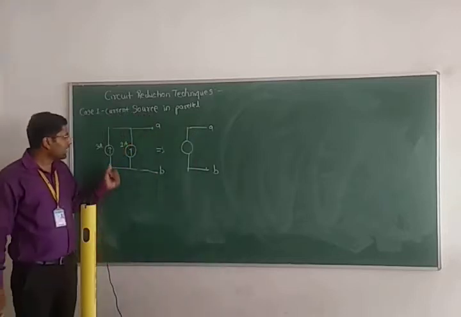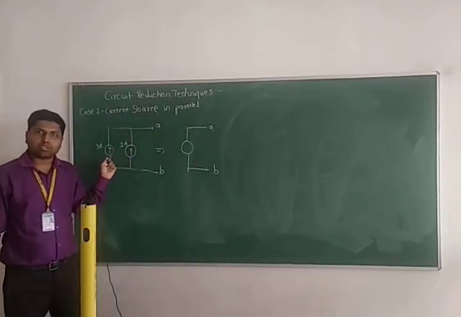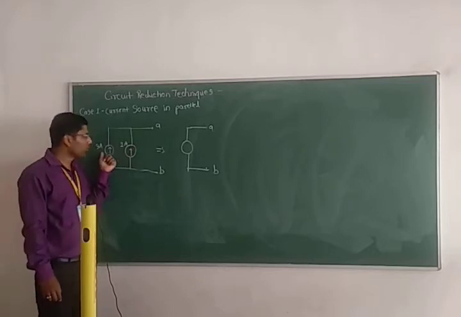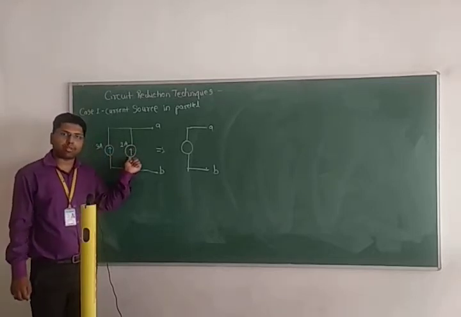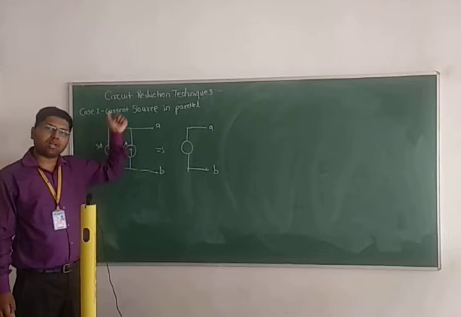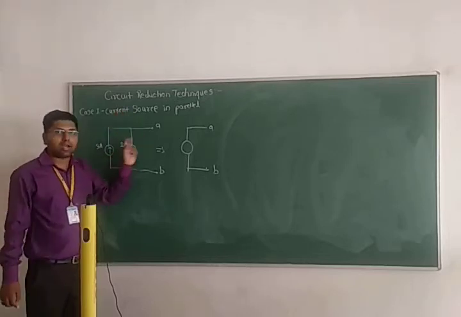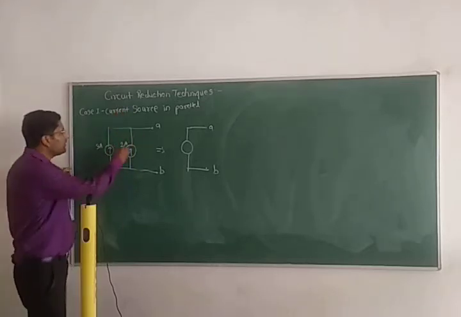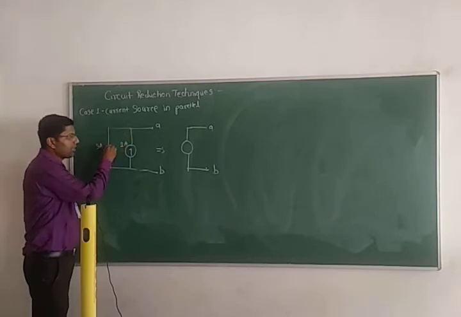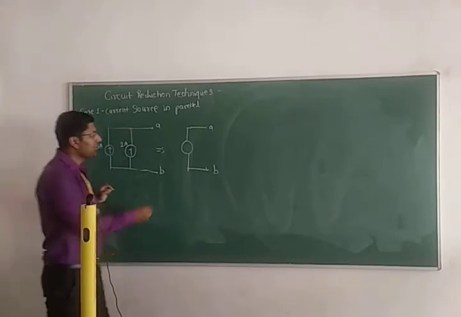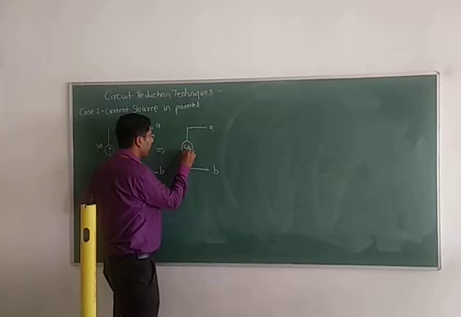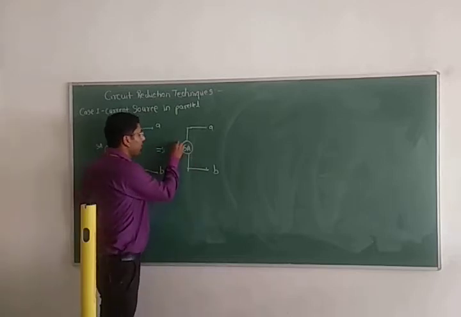Now see the direction of the current sources. The current source direction is upward for both, for the 3 ampere current source and the 2 ampere current source. Both directions are upward. That's why we have to add here, they will add to each other. So 3 ampere plus 2 ampere is 5 ampere, and this is in the upward direction.